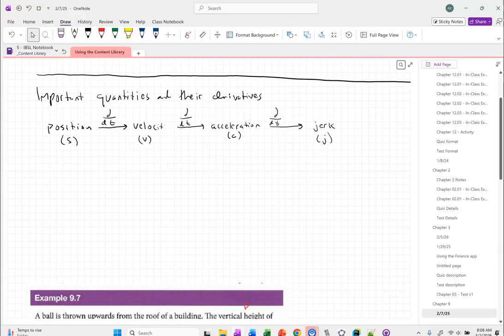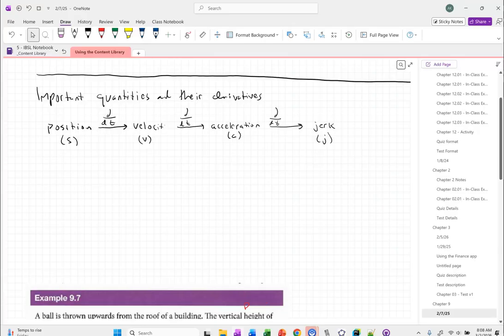Everybody's okay with that? If I look at the rate at which velocity is changing, the instantaneous rate of change of velocity is acceleration. How is my rate of change changing? And the instantaneous rate of change of acceleration, that's named after Anthony.